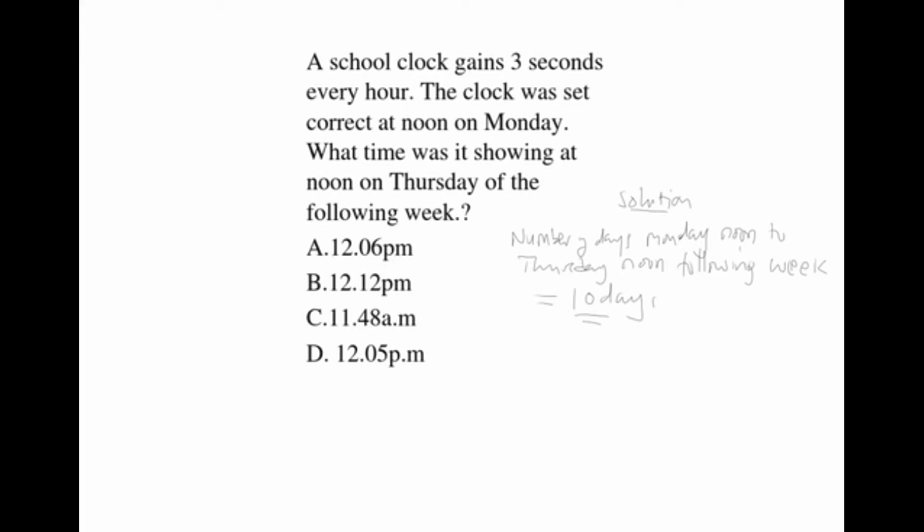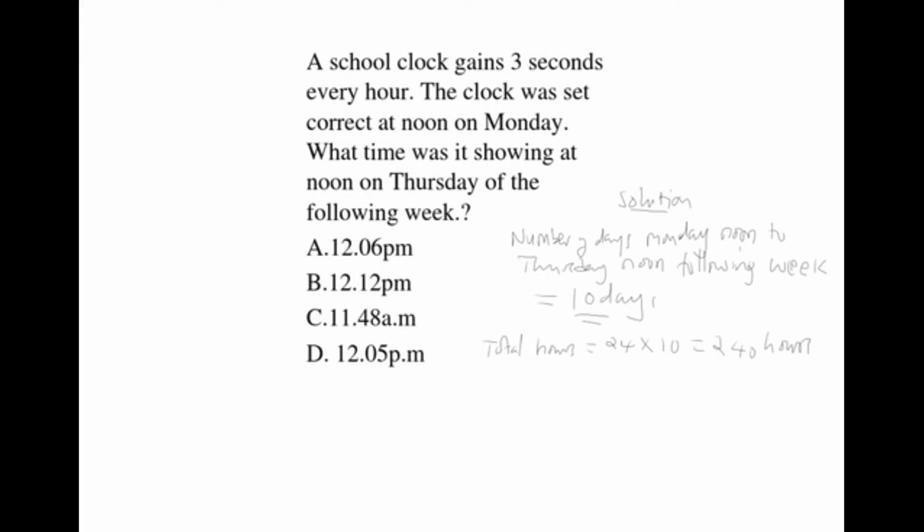So we know that one day has got 24 hours. So to get the total number of hours from Monday noon to Thursday noon, it will be 24 times 10 days, and this one will give us 240 hours.